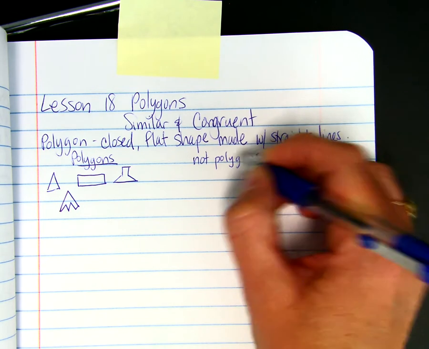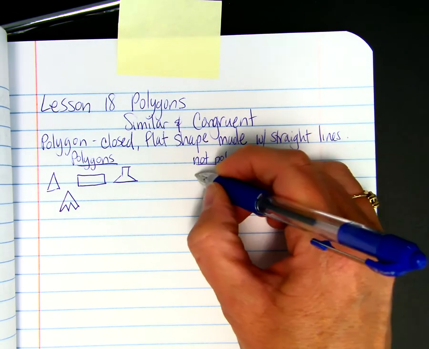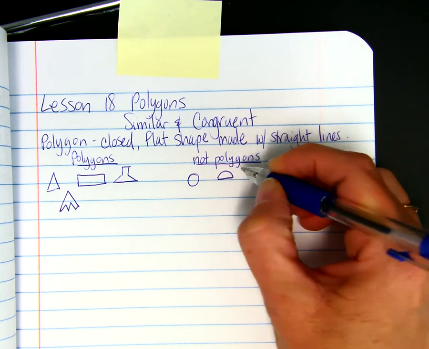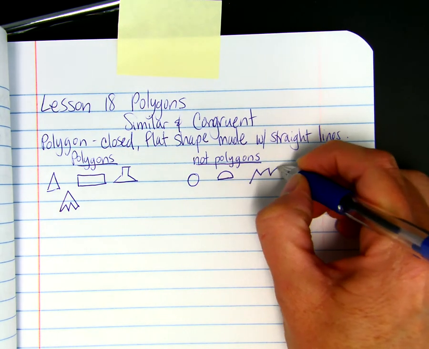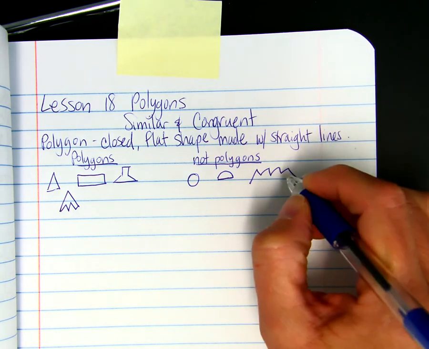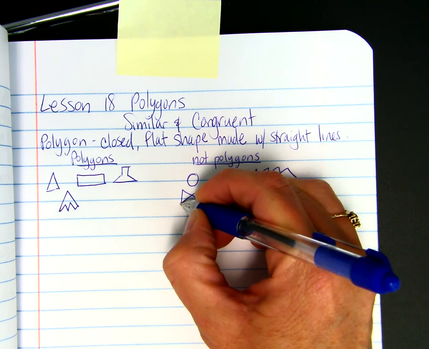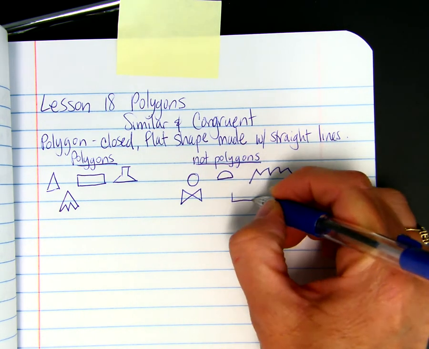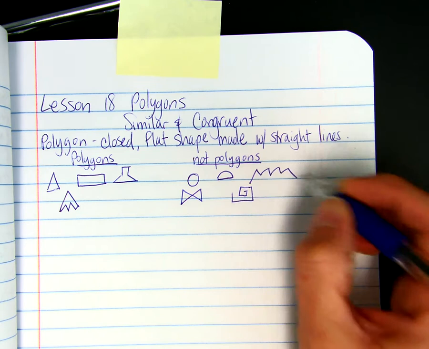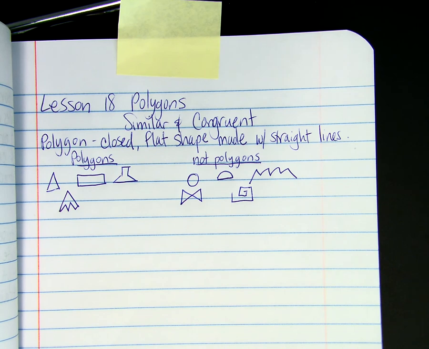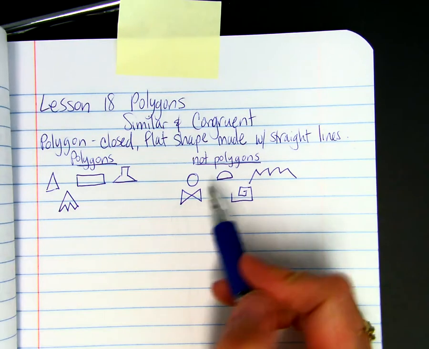Not polygons, we could have a circle, semicircle, just a mountainscape, bow tie. Those are not polygons. So they have to be closed, two-dimensional, straight lines, and they can't intersect in the middle of the figure.